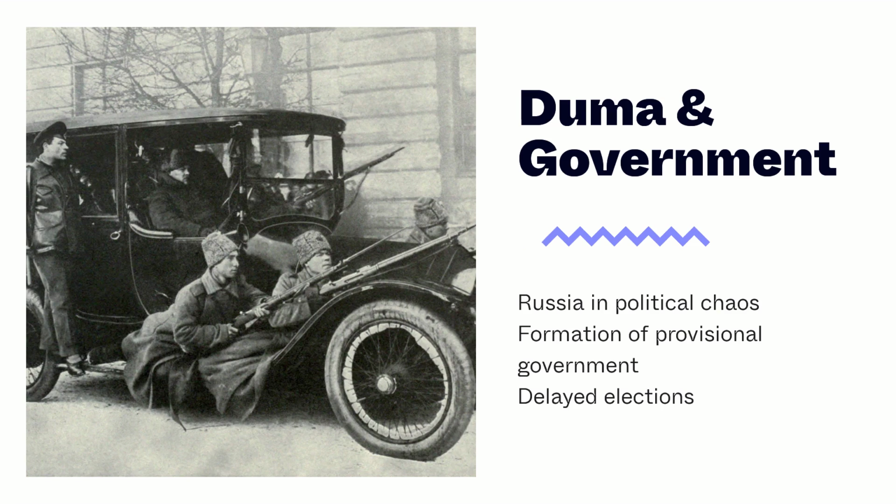Milyukov, foreign minister and leader of the cadets. Guchkov, war minister and leader of the Octobrists. Kerensky, minister of justice and social revolutionary. The remaining ministers were chosen from the Octobrists and cadet parties.